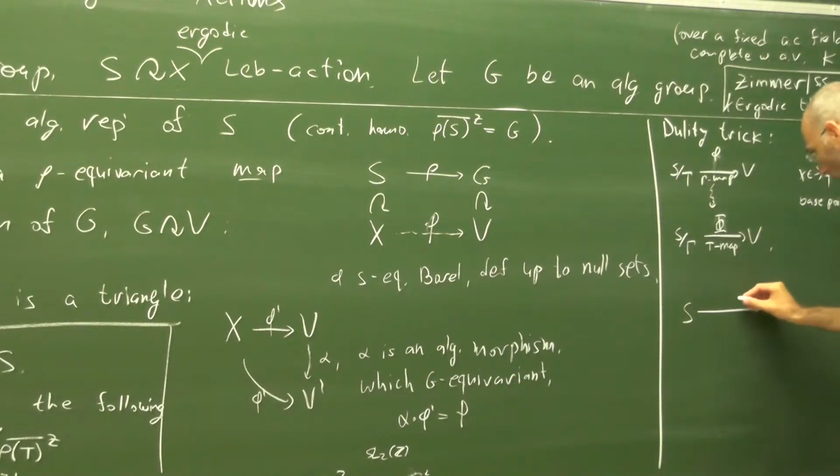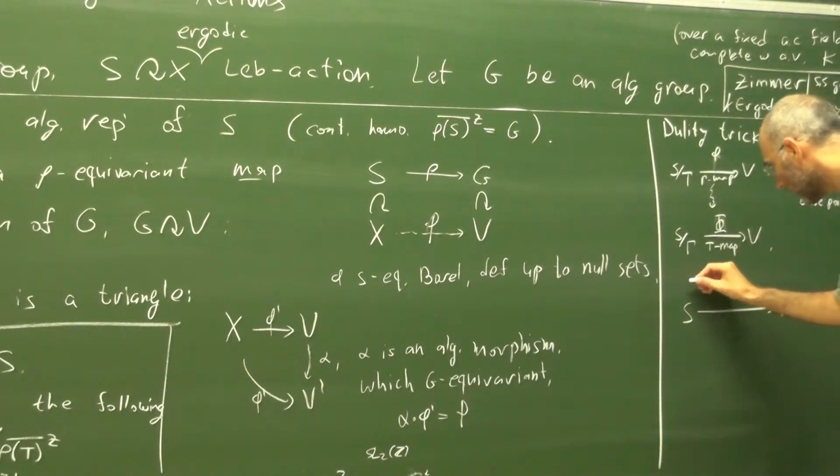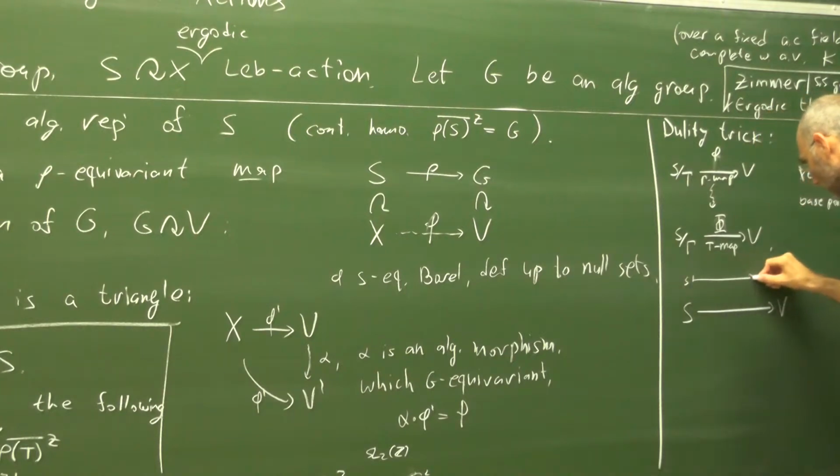I defined a new map sending little s to s phi of s inverse x. And we observe that such a map is, by the gamma equivariancy of little phi, gamma invariant.